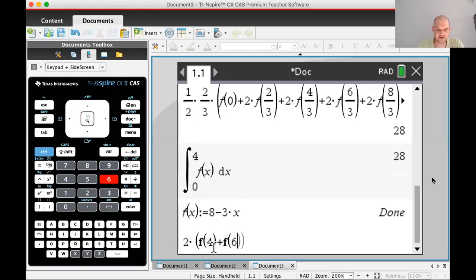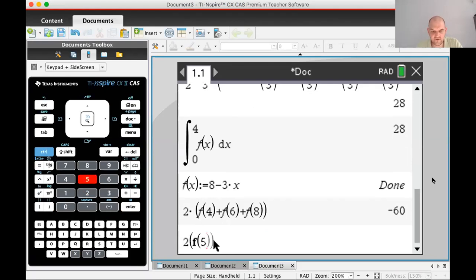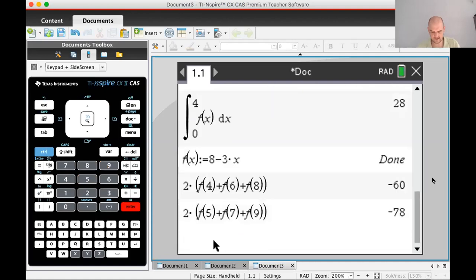4 f of 6 plus f of 8, negative 60. So that's my A. And then here, we're going to do the midpoint, 2, f of 5, f of 7, f of 9, negative 78.